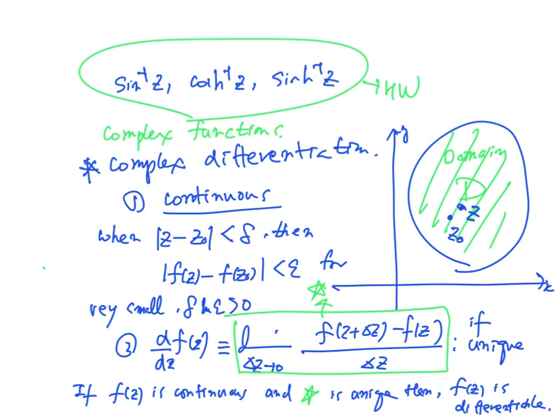So if this limit is unique and the function itself is continuous, then we say that this function is differentiable. And we are going to do a little bit more explicitly about the differentiability. So this part is a bit abstract.